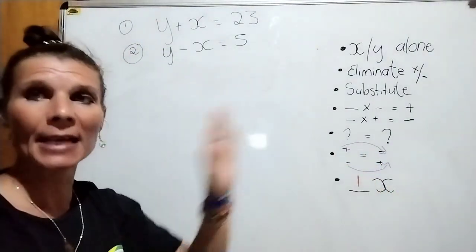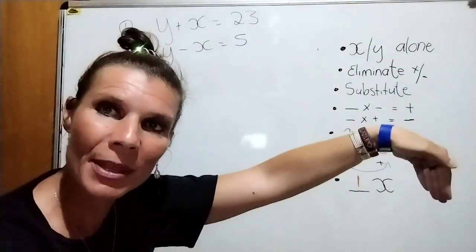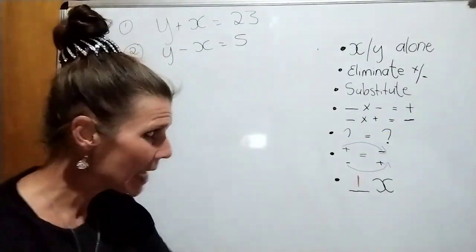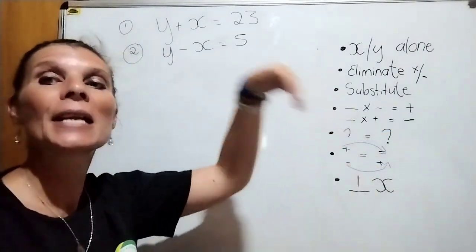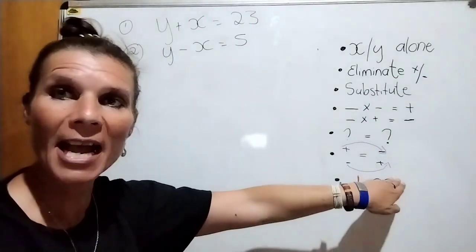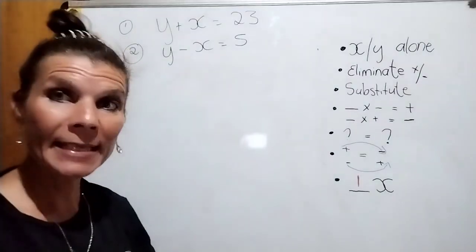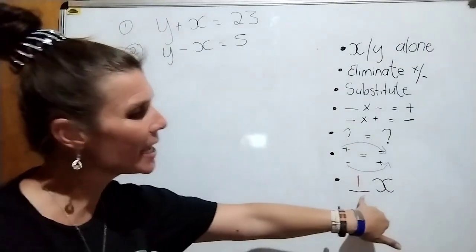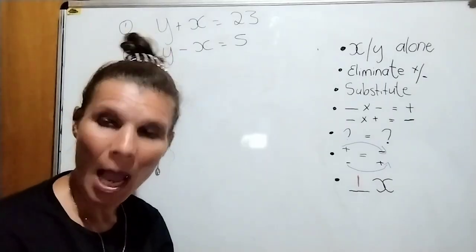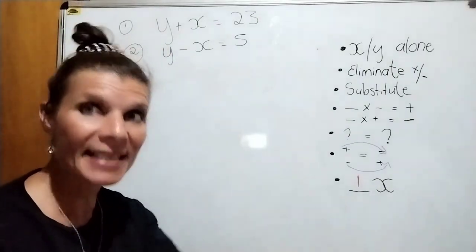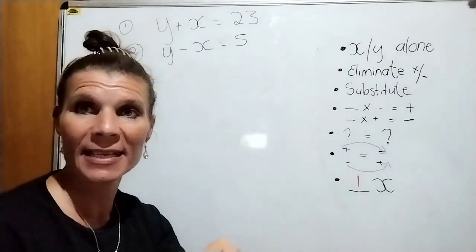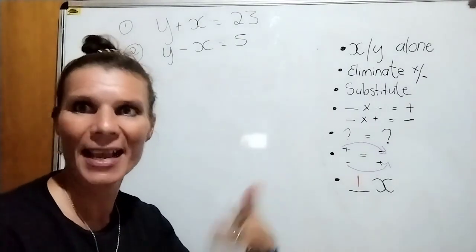If my plus runs across the mathematical rainbow, it becomes a minus. If my minus runs across the mathematical rainbow, it becomes a plus. And important, if there is nothing in front of the variable, I can consider it as 1. Say for example, x is 1. 1 times 1 stays 1.